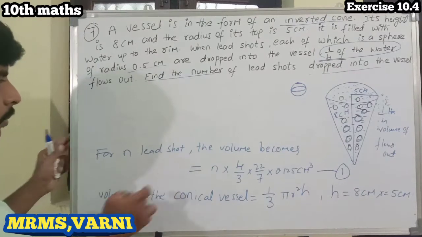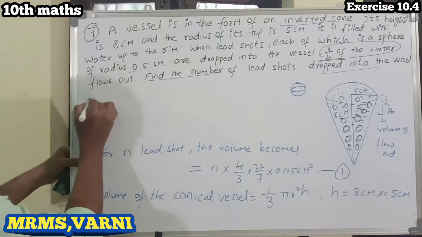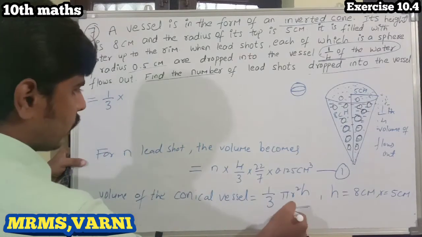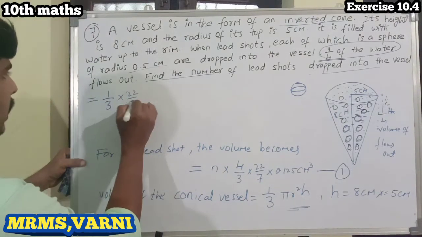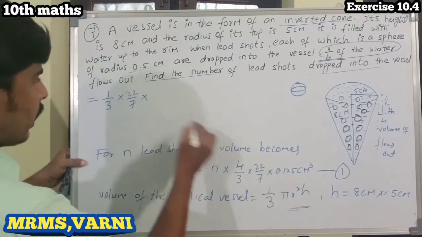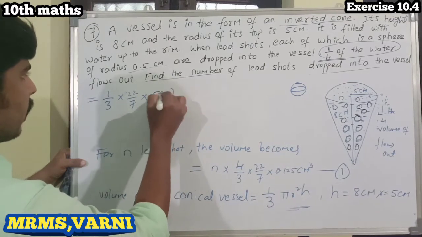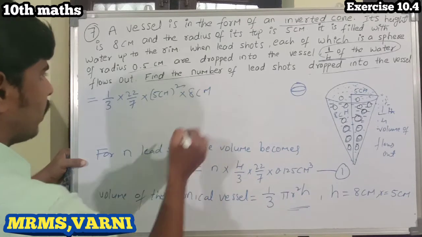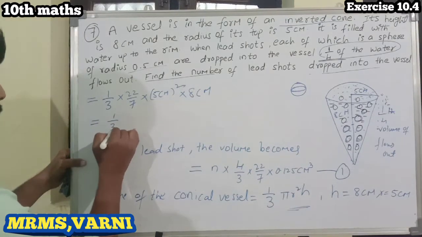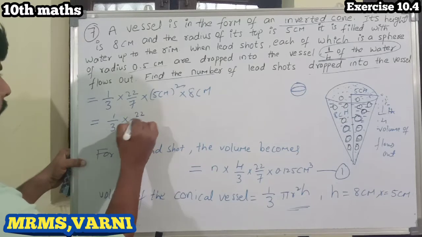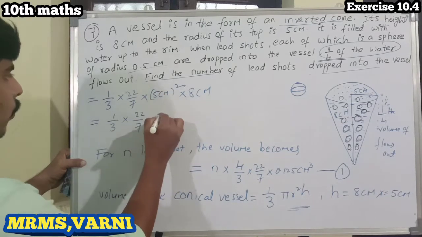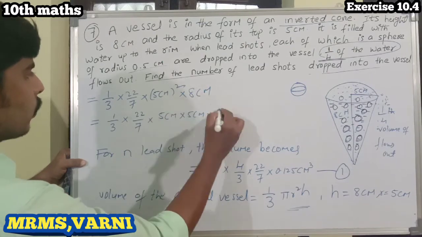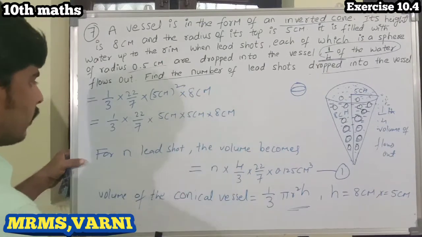Remember this. So 1 by 3 into, substituting the values, 22 by 7 into r square, nothing but 5 centimeter whole square, into h, nothing but 8 centimeter. So this becomes 1 by 3 into 22 by 7 into 5 centimeter into 5 centimeter into 8 centimeter.